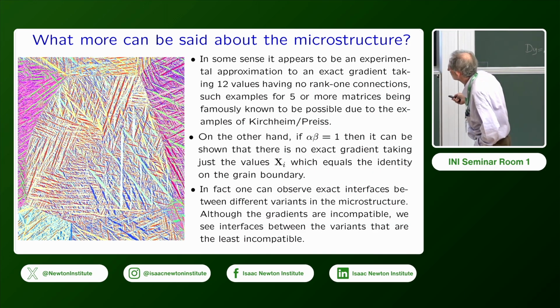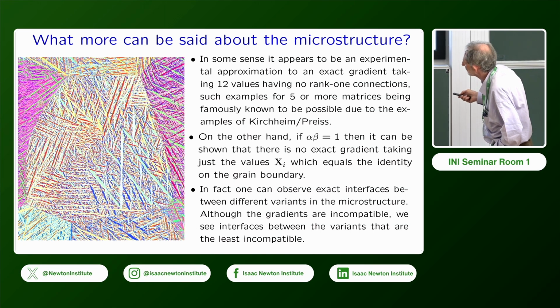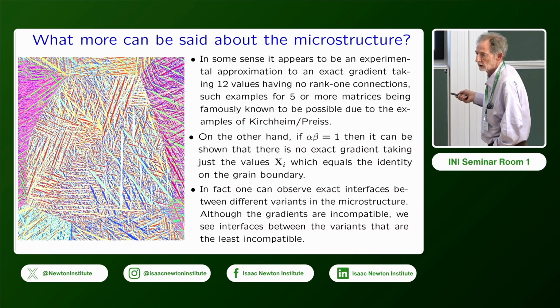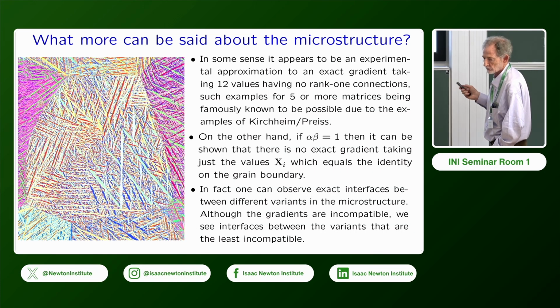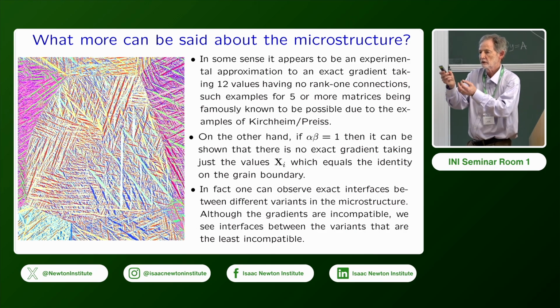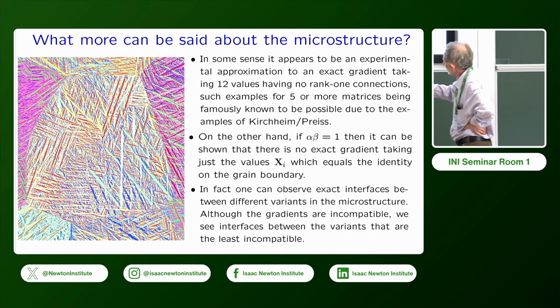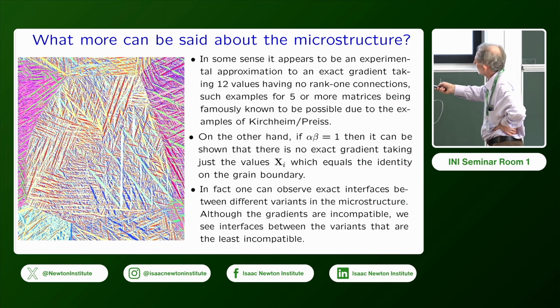For example, you see there's an exact interface between this light grey one and this lighter grey one, right? The fact that you've got an exact interface there shows that it can't be stress-free. From the mathematical point of view, the gradients in these two are incompatible.